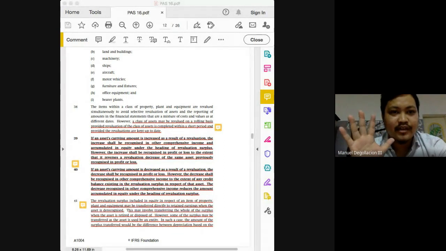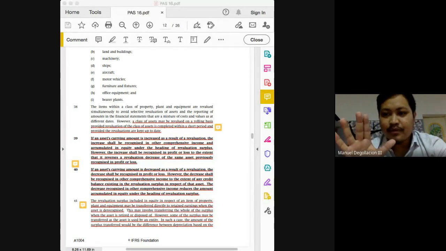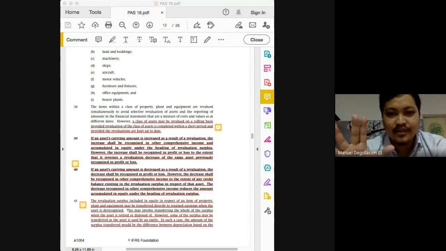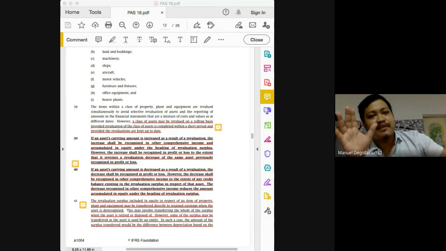This 500,000, class, would be split into two. First part would be 300,000. The first 300,000 of the 500,000 revaluation increase would be treated as a reversal of the previously recognized impairment loss. So on the first revaluation, impairment loss, 300,000. In the second revaluation, there's an increase of 500.